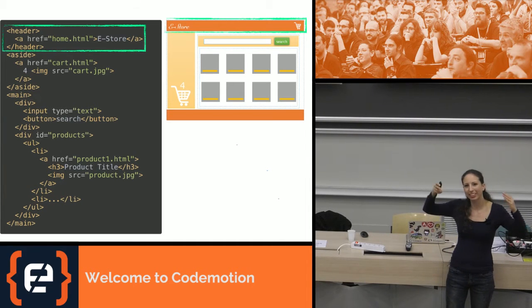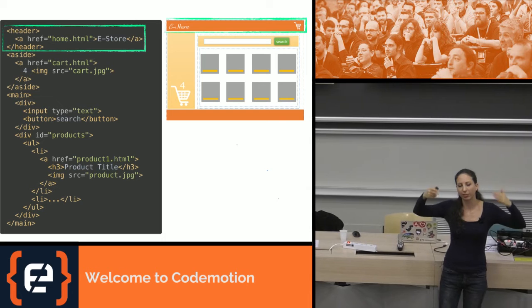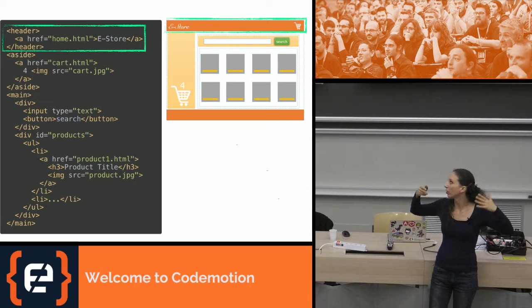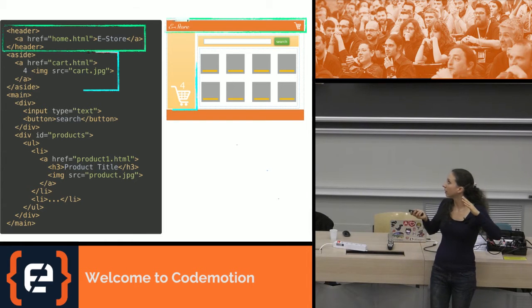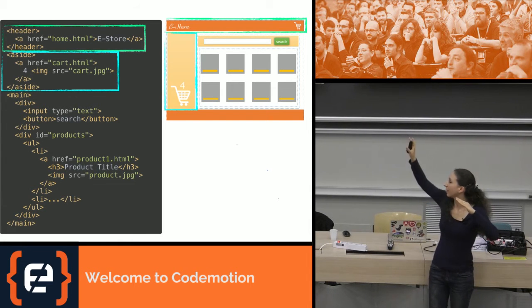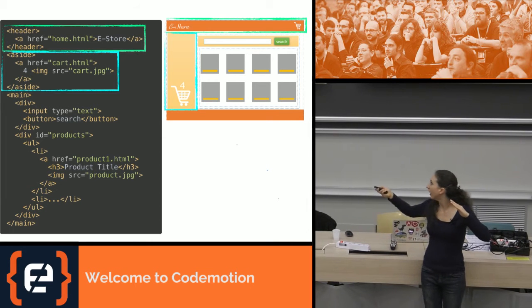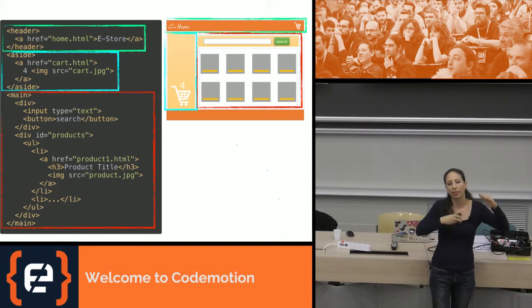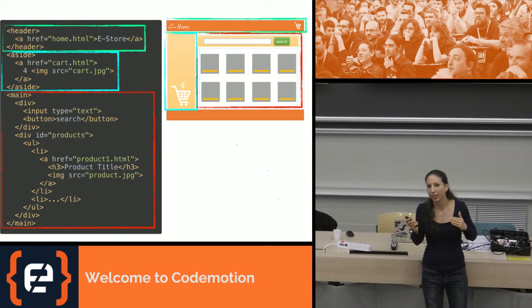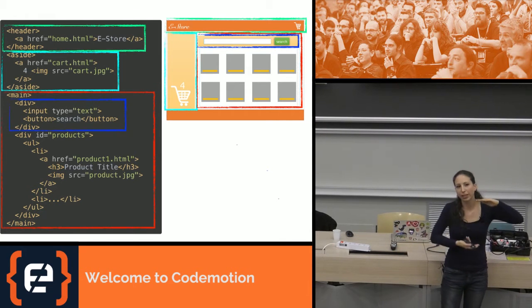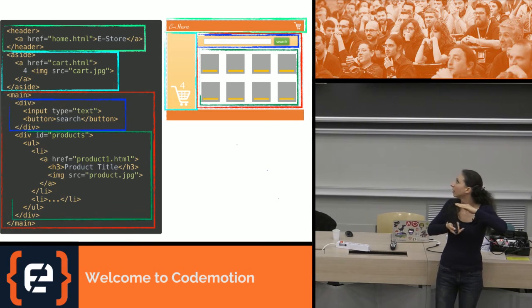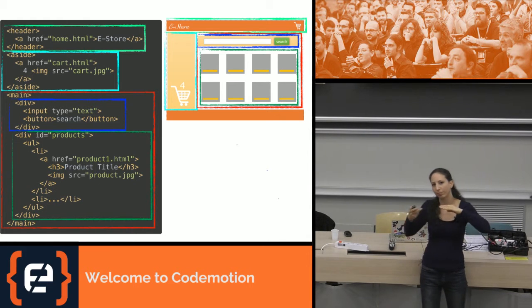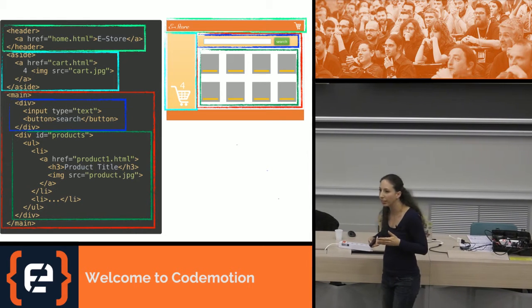So we can see that the structure of the HTML, of the template, already gives us the structure of components which can be siblings. For example, the header and the navigation bar in the side and the main view are sibling components, and they can be nested. So the main view has the search bar nested inside, and the view of the products list.